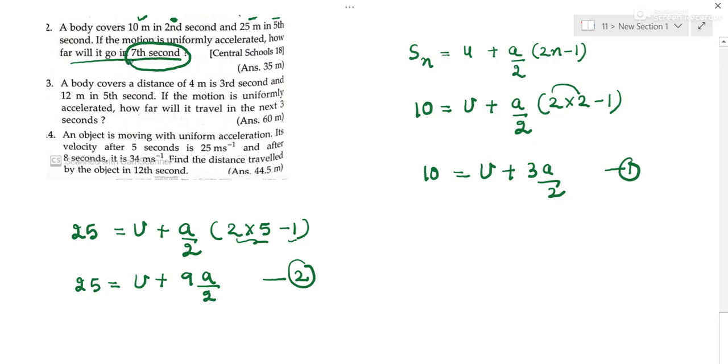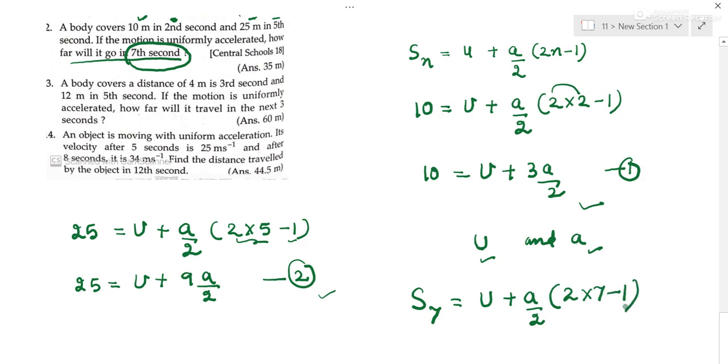So directly solve 1 and 2, find out U and A. After finding U and A, just substitute in U plus A by 2 into 2 into 7 minus 1, and check whether the answer is coming this much or not.